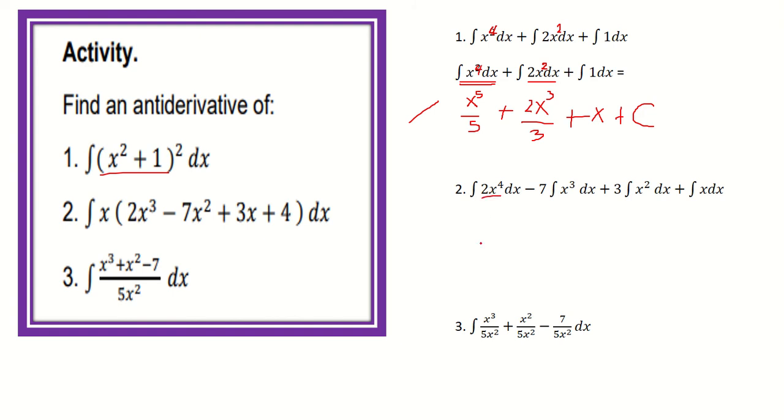Integral of 2x to the 4th kasi i-distribute na to ng x. That is 7x cubed, 3x squared plus 4x. This one is plus 4x. Okay. So what is our derivative of this? Two x raised to the power of 5 over 5. Okay.